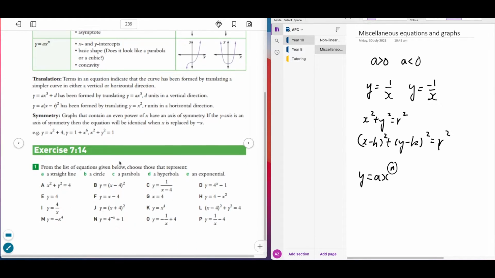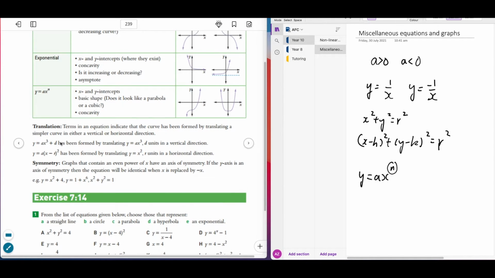In terms of translation, that's basically how a graph can shift up, down, left, or right. Terms in an equation indicate that the curve has been formed by translating a simpler curve in either a vertical or horizontal direction.